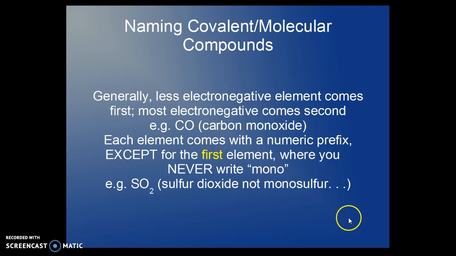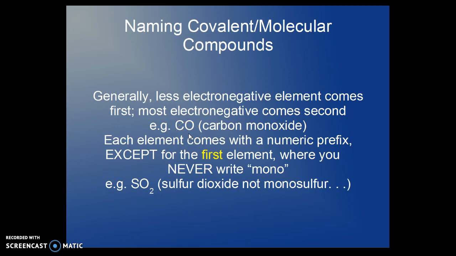When you're naming covalent or molecular compounds, generally the less electronegative element comes first, and most of the time the most electronegative comes second. So carbon is on the left of oxygen, so it comes first. Carbon monoxide in this case. Each element comes with a numeric prefix, hence the monoxide since there's one oxygen.